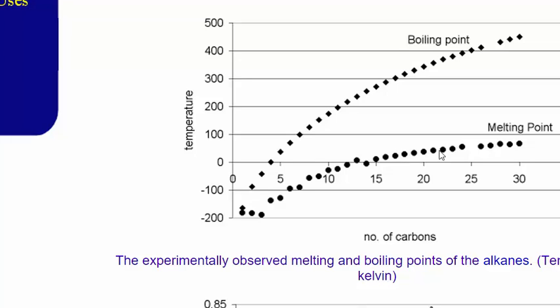More than 18 carbons should be solids. More than 5 carbons should be liquids, and less than 5 carbons should be gases. Is that okay? Can I move on?